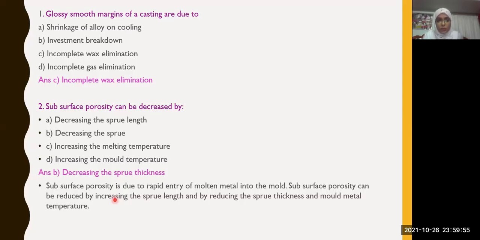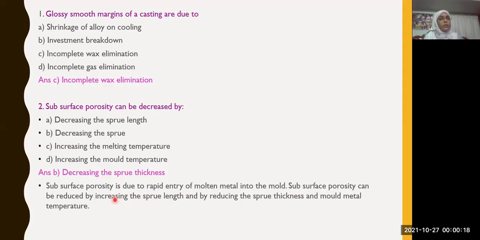I told you subsurface porosity is because of rapid entry of molten metal into the mold. So subsurface porosity is reduced by increasing the sprue length and by reducing the sprue thickness and the mold metal temperature. The sprue length has to be large enough, and the sprue thickness has to be smaller.